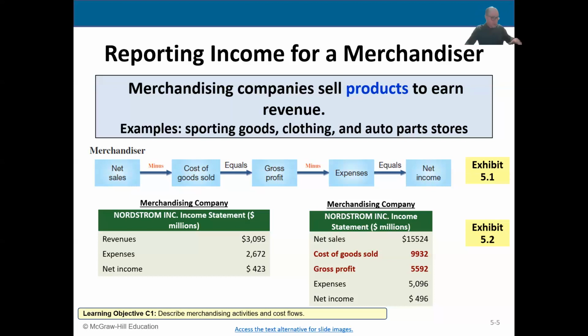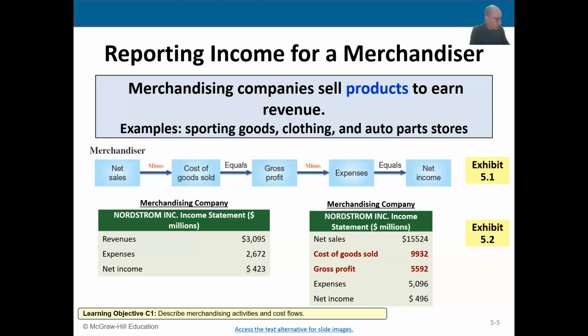Okay, so a retailer like Macy's, on their income statement, they have sales, merchandise sales, minus cost of goods sold. Cost of goods sold is an account that represents the cost of the merchandise that they sold.